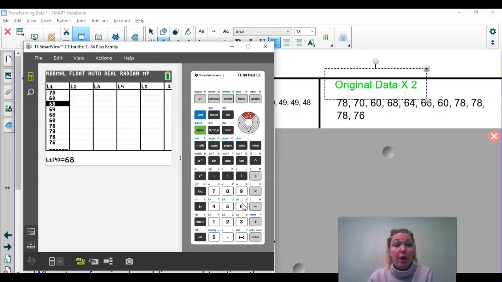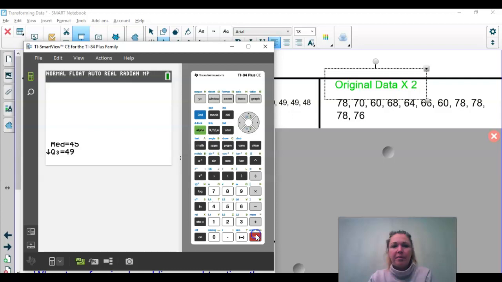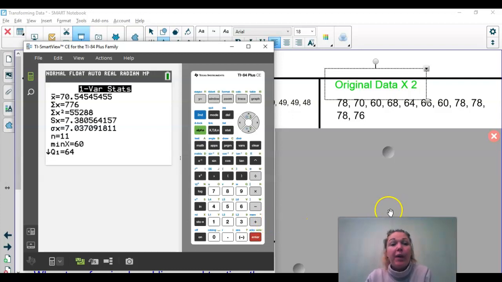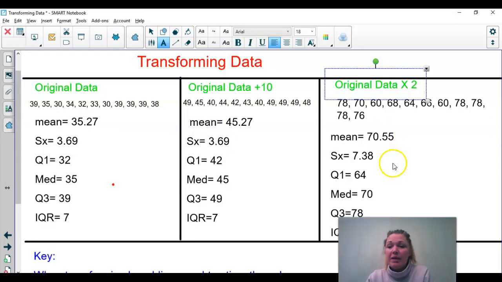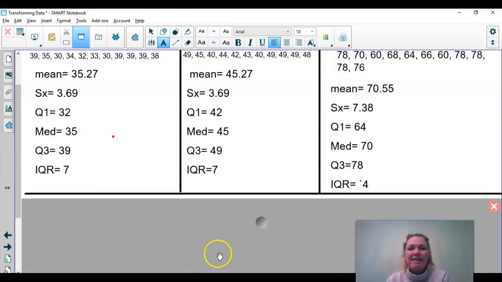Again, I'm going to go up and double check that I typed it all in right. Perfect. Let's look at these summary statistics. I wrote that down right here. I'm gonna give you spoilers here.